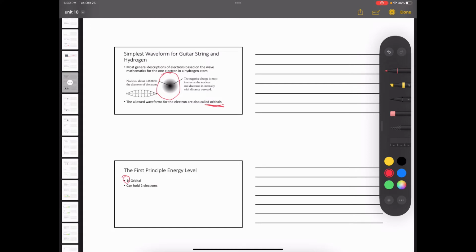One of the characteristics of the first principal energy level, in addition to being the closest to the nucleus, in the hydrogen atom or in any electron configuration, is that it can only hold two electrons.